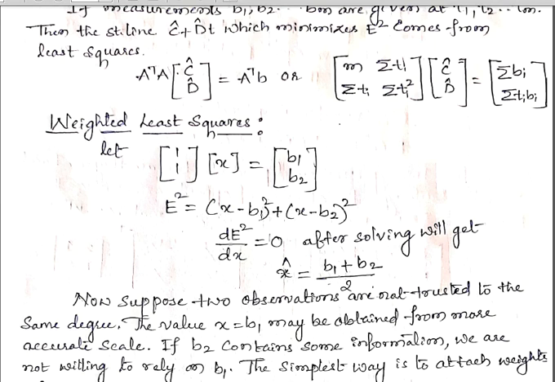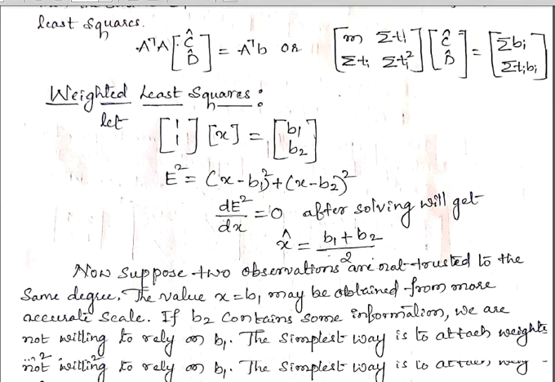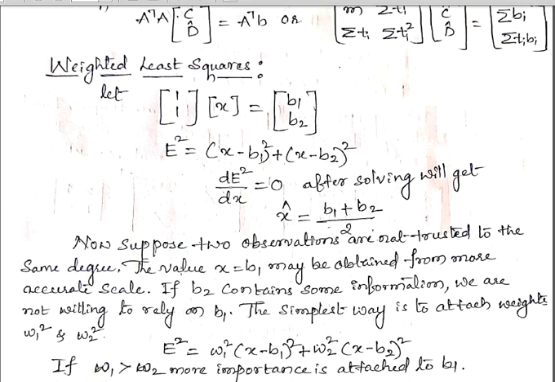And here the best value of x is b1 plus b2 by 2. But suppose two observations are not trusted to the same degree, the value x is equal to b1 may be obtained from a more accurate scale. If b2 contains some information, we are not willing to rely on b1.